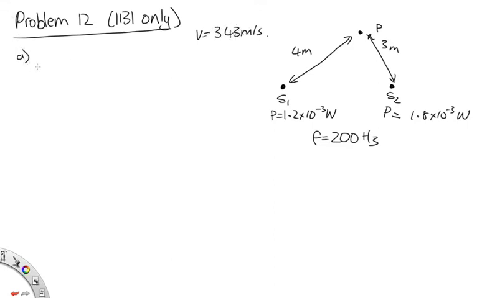Now part A, we're asked how the phases of the two waves arriving at P are related. Well, to get the phase difference, we're going to need to know the wavelength. So we know V is equal to F lambda, so lambda is equal to V on F, which is 343 over 200, which is equal to 1.715 meters. The other thing we need is the path difference.